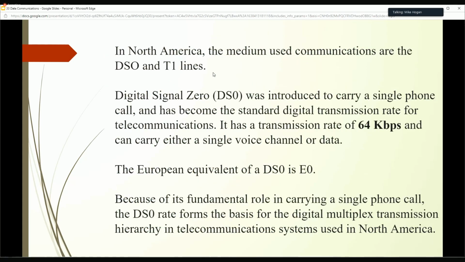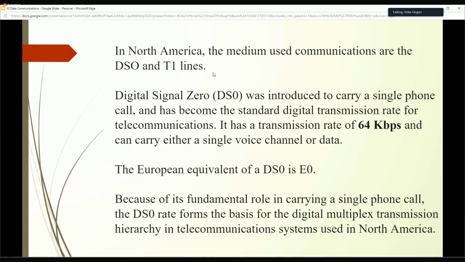Now, we start thinking about communicating over these networks, and you roll the clock back just a little bit. You start hearing about this DS0, this line that can carry a single conversation, and you come up with the standard rate, this 64K, what's required to carry that single conversation, and that becomes the baseline.